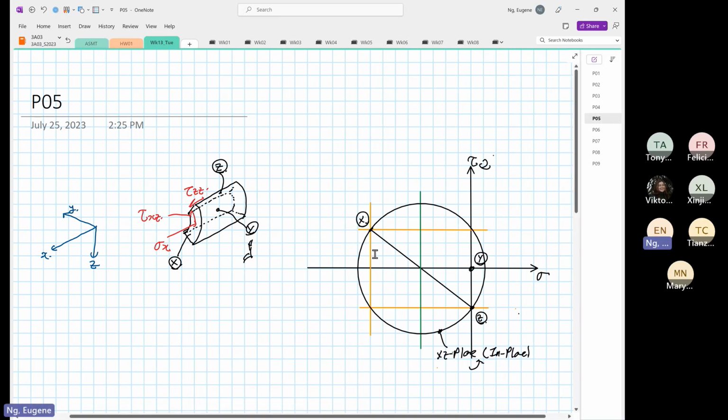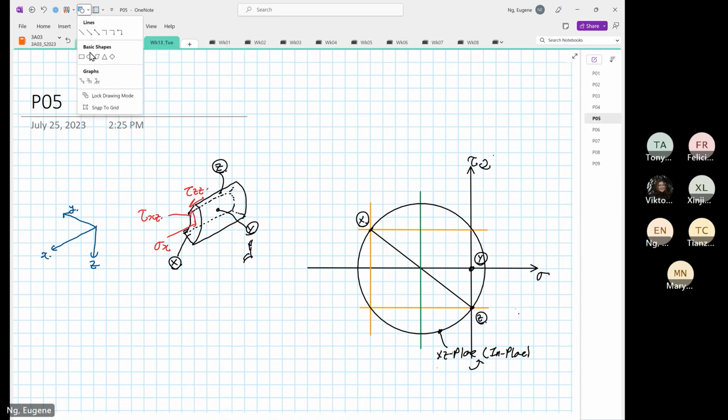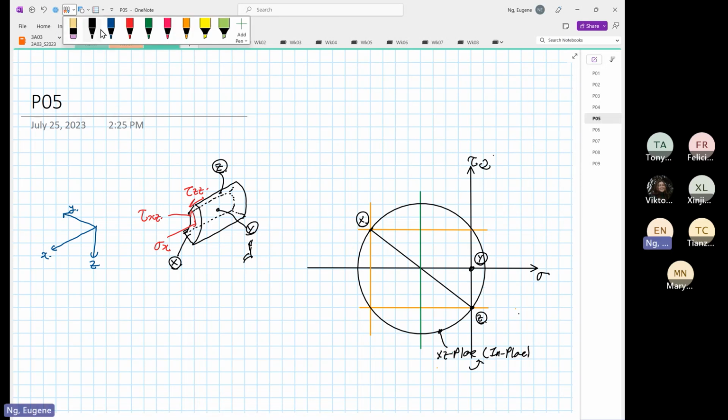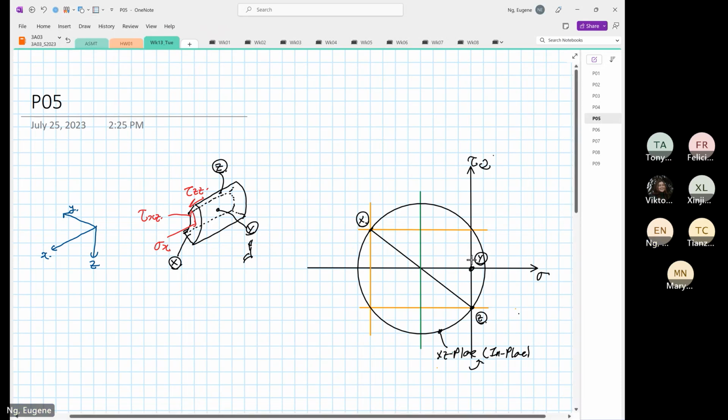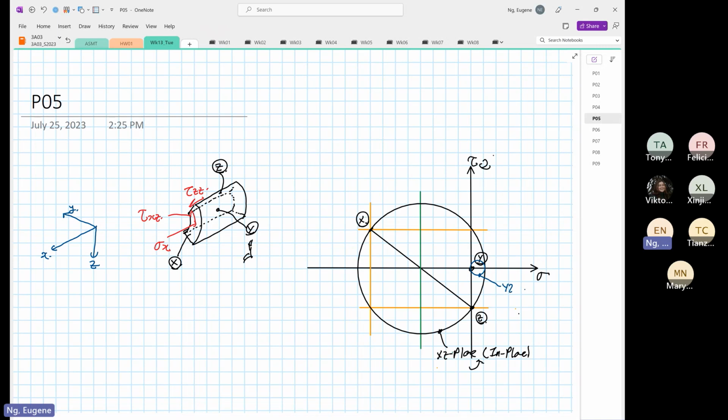And then we have another circle over here, and this corresponds to our YZ plane, which is our outer plane.